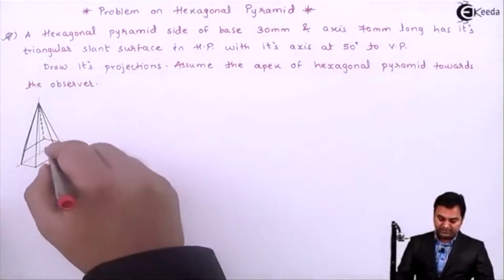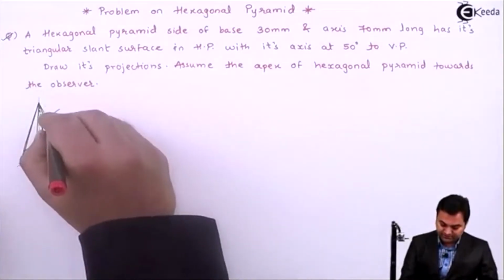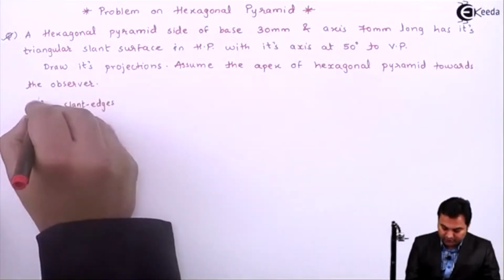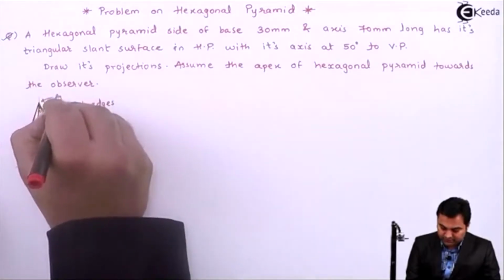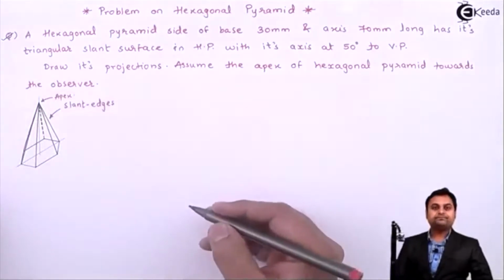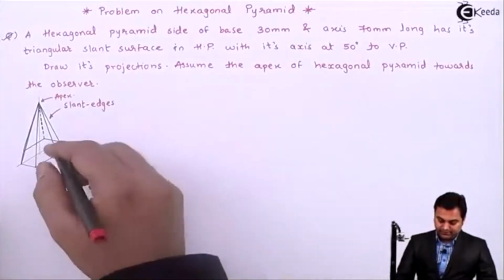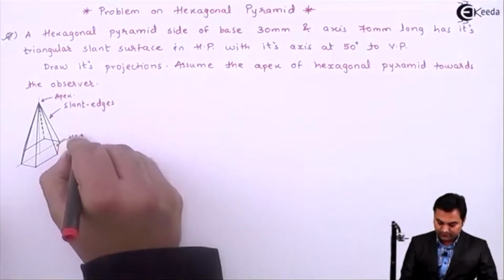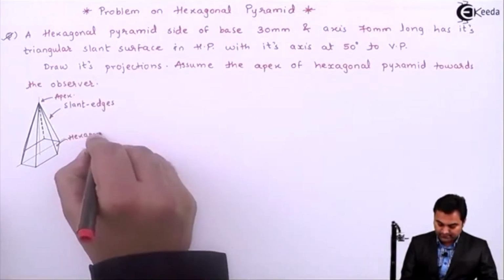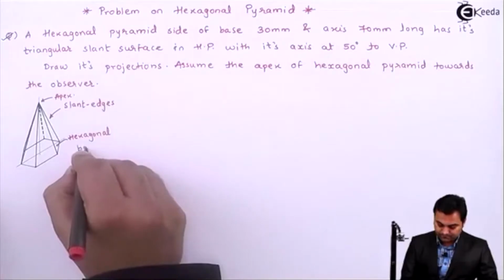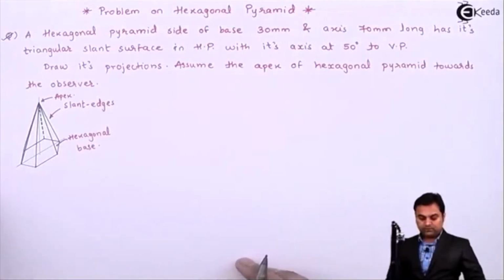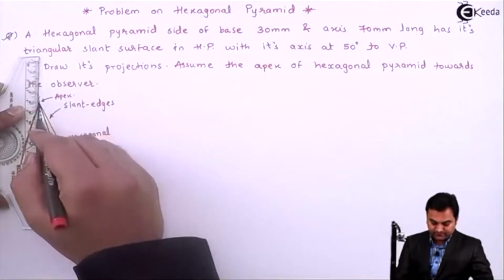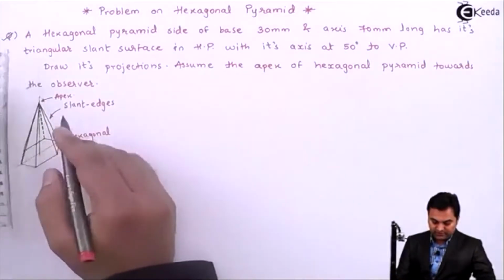Those 6 corners are connected with slant edges to a common vertex called the apex. The base is in the shape of a hexagon, so it is a hexagonal base. Next, at the center, here we have the axis of this hexagonal pyramid.